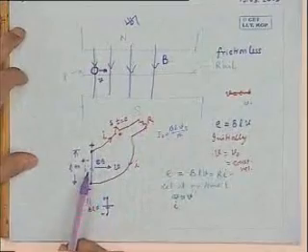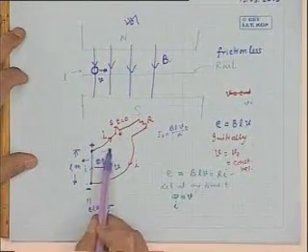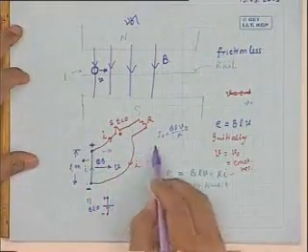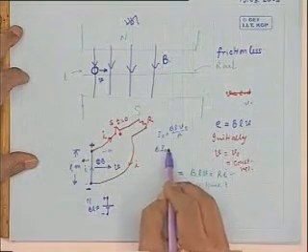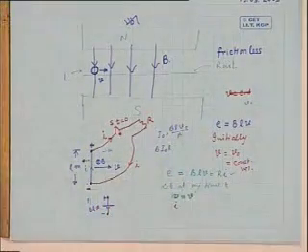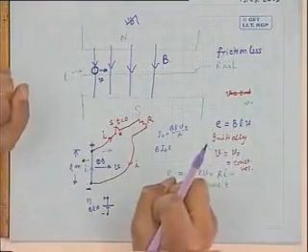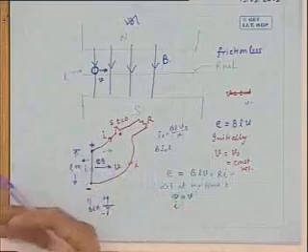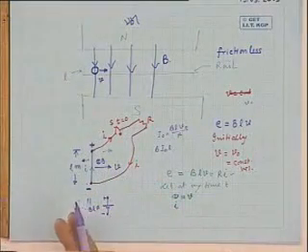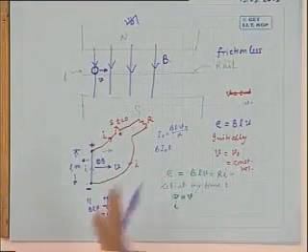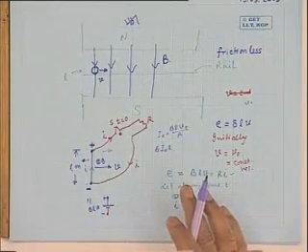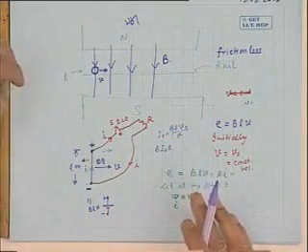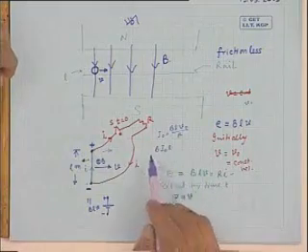The moment this current is supplied, your prime mover should apply to the right how much force? B into I0 into L to the right. Your prime mover should now exert force to the right, so that these two forces balance, and this will run at constant velocity V0. Are you getting it?